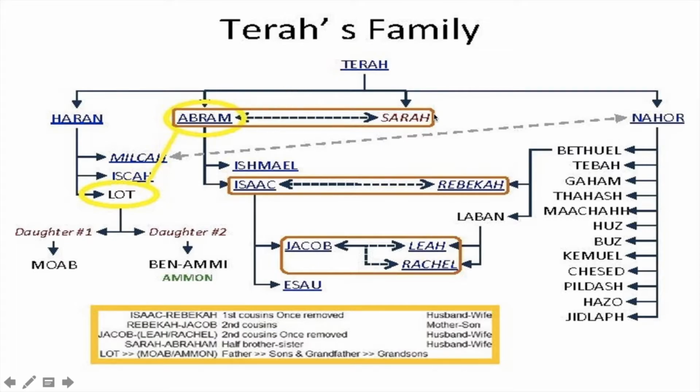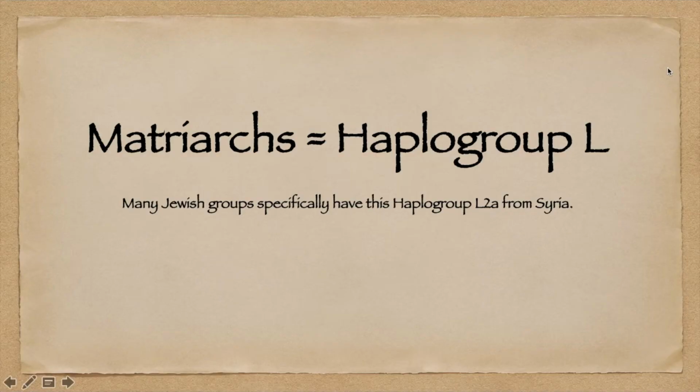Abraham getting with Sarah, and of course Abraham's son Isaac getting with Rebekah, and then Jacob getting with Leah and Rachel. And if all these ladies descend from Eber and Azurad, specifically Azurad, then they could have L markers. It's a high probability. And we do see L, like I said, in Syria.